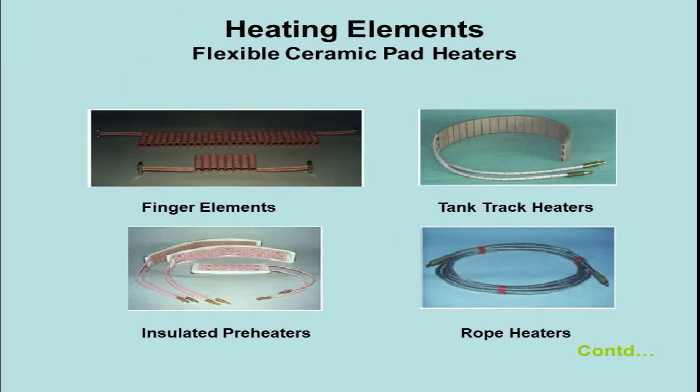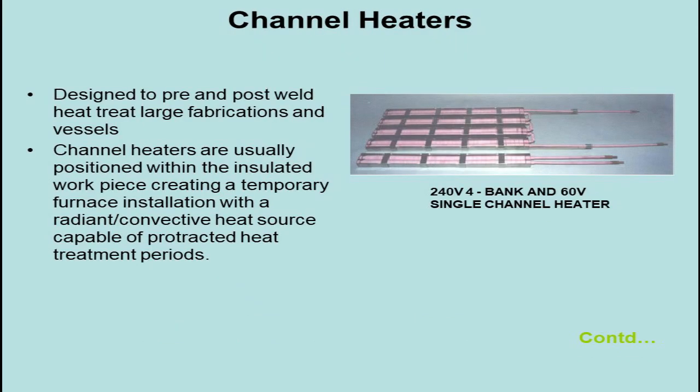There are some heating elements used in this procedure. Finger elements. Tank track heaters. Insulated preheaters. Rope heaters. Channel heaters. Designed to pre- and post-weld heat treat large fabrications and vessels.